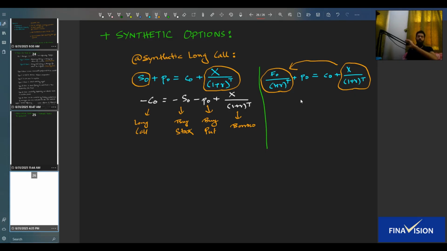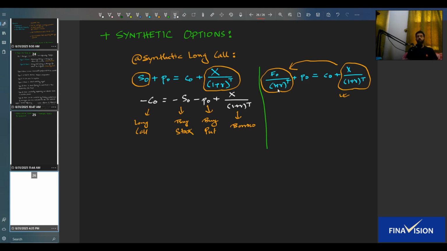Unlike the put call parity equation, here it is incorporated within the forward contract. So when we are creating synthetic positions out of the put call forward parity equation, we can ignore the borrowing or lending amount, because there is no cash inflow or outflow due to the forward contract upfront. At t is equal to 0, there is no cash inflow or outflow, right? So we can ignore the borrowing or lending amount also.